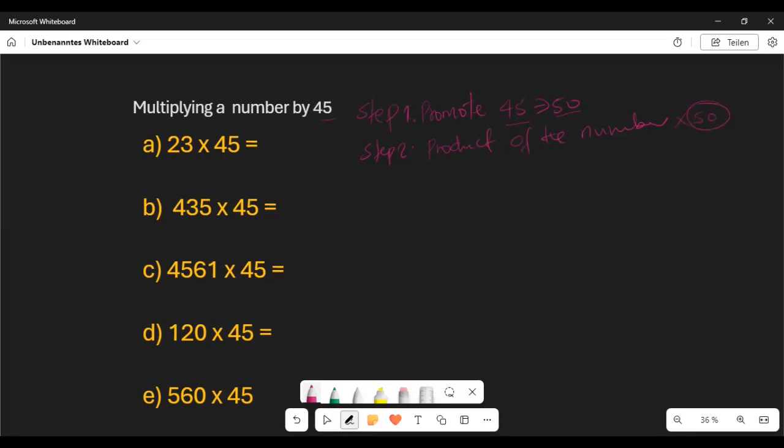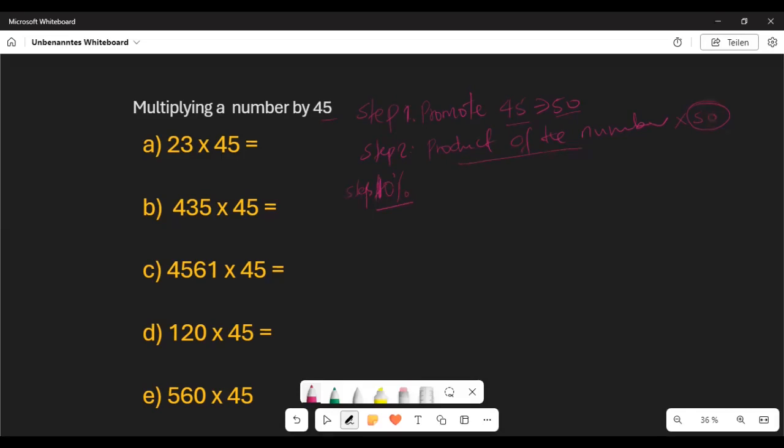After getting the product, now we're going to look at a tenth, or someone can say 10%. So we're going to say, what is the 10% of the product? This is step 3. We look at the 10% of the product, the answer we get here.